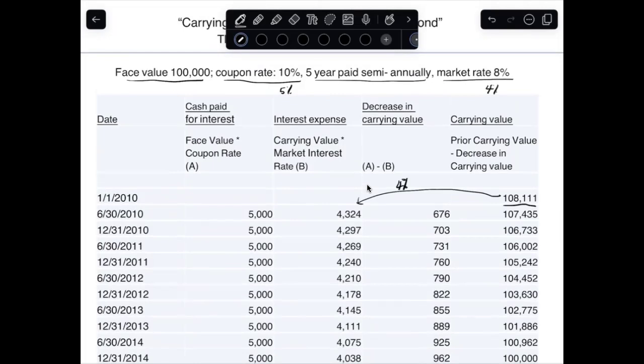So the interest generated is 4,324, but actually the company paid back 5,000. So the difference will go to the principal. So 108,111 minus this number will equal the new carrying value.